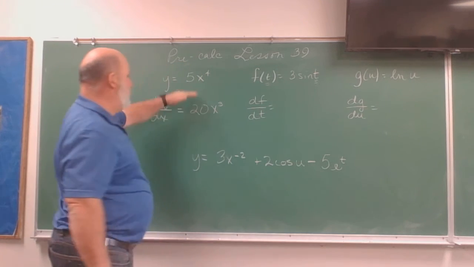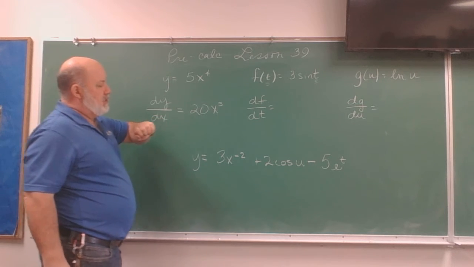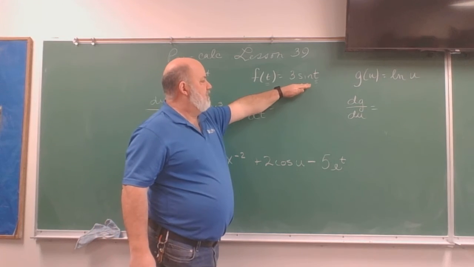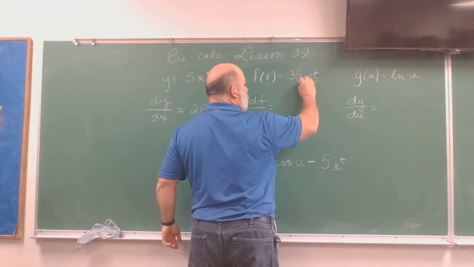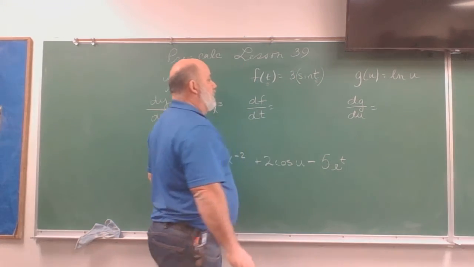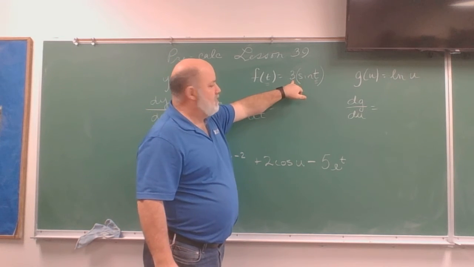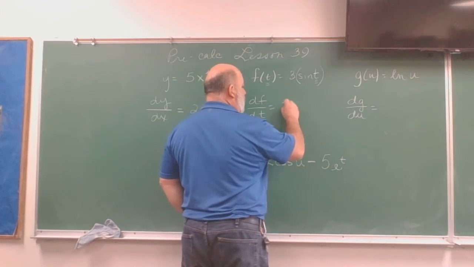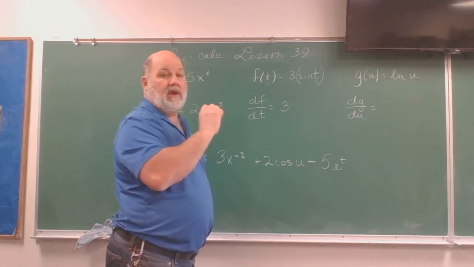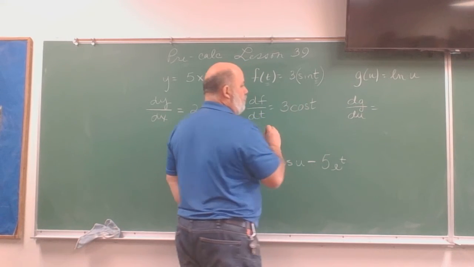We already found the derivative of the first one, 20x cubed. The derivative of the second one, well, the function that's really being performed on t is taking the sine of it. So it's this constant times the derivative. So it's 3 times the derivative of sine t, which is simply cosine t.